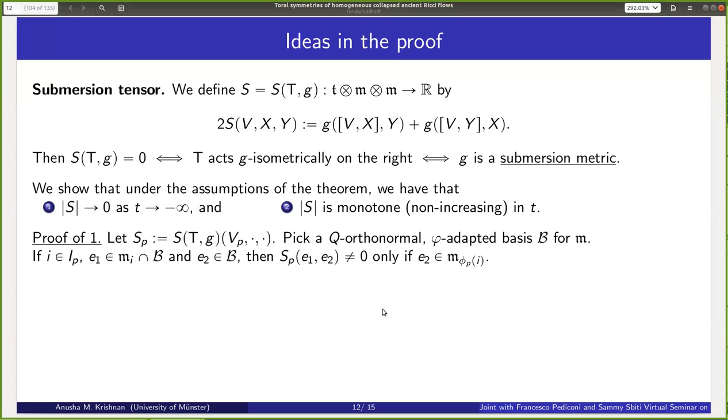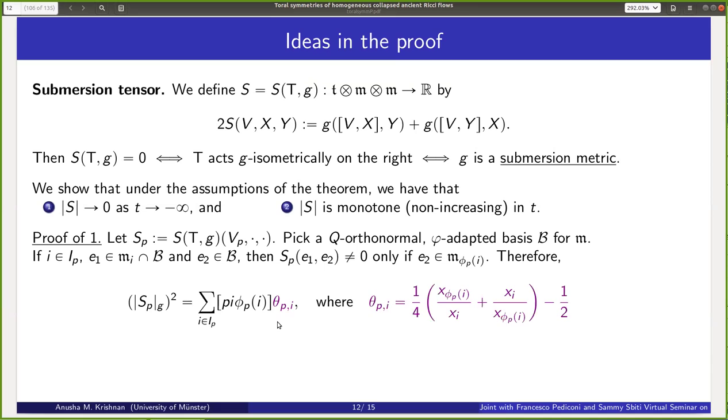Using this, we see that these are the only non-zero terms for the S tensor, and we can compute the norm of the S tensor in the direction of V_P as follows. It has here the bracket constants, which is purely Lie algebraic data, times this quantity theta_pi, which depends on the metric, like so.